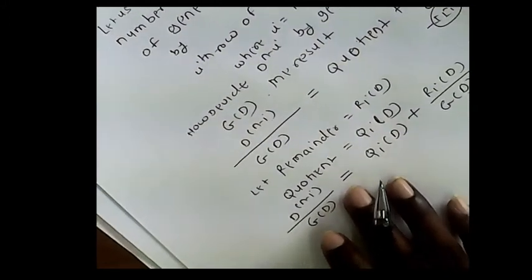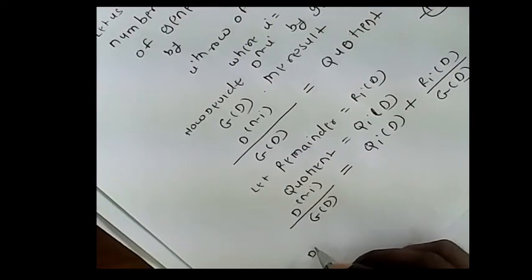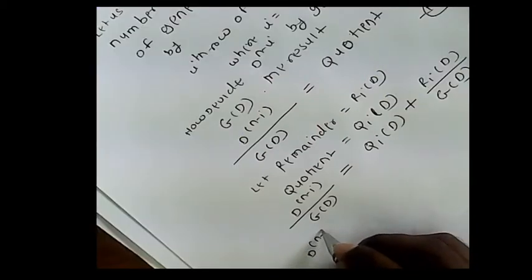By solving these equations, we can write d raised to power n minus i.